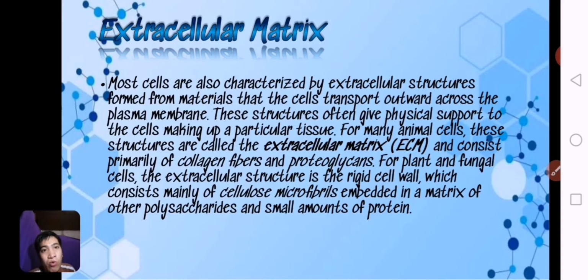For plant and fungal cells, the extracellular structure is the rigid cell wall, which consists mainly of cellulose microfibrils embedded in mucus or other polysaccharides and small amounts of protein.